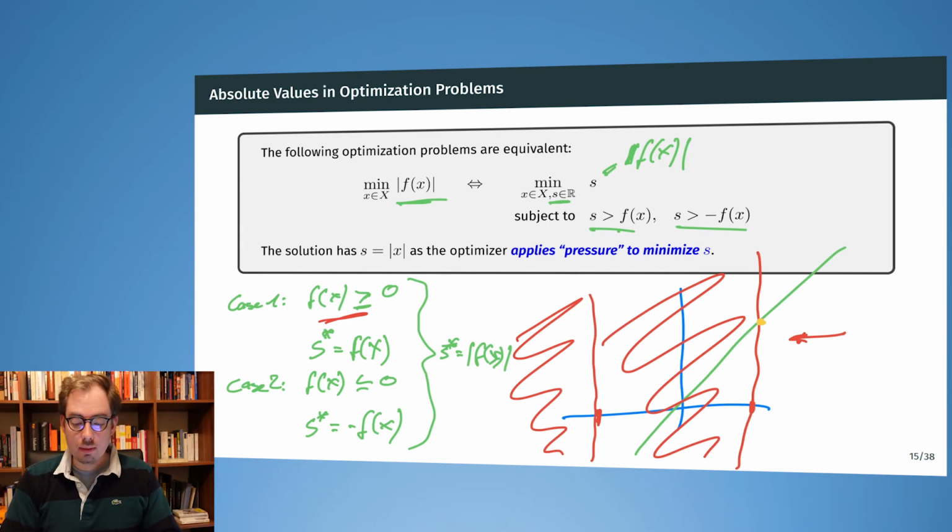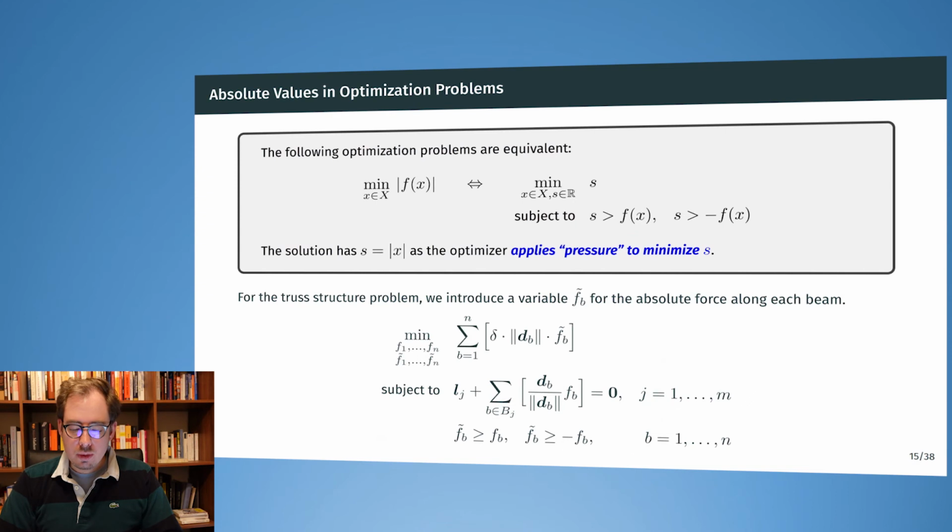But you need to make absolutely sure that the optimizer is adding pressure to s and wants to minimize that. And that becomes important later on when we have several of these variables of which we are taking the absolute value, or when this is hidden somewhere inside an equation. You have to make sure that there's actually an incentive for the optimizer to push our additional value towards the absolute of f of x, if f of x is what we're interested in.